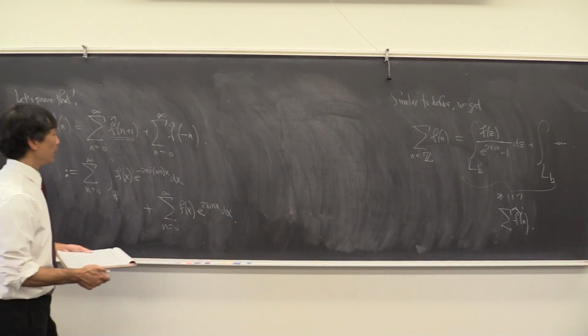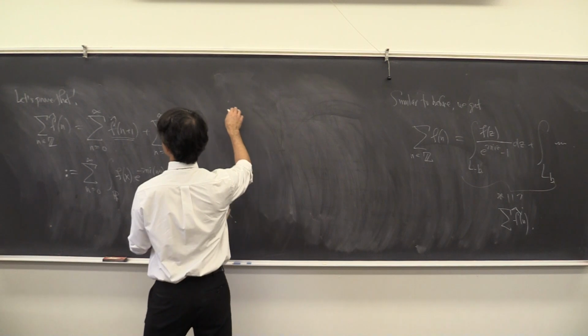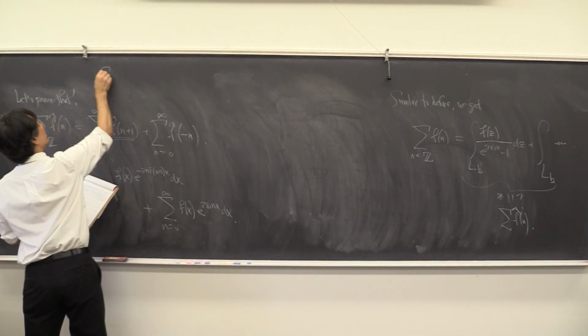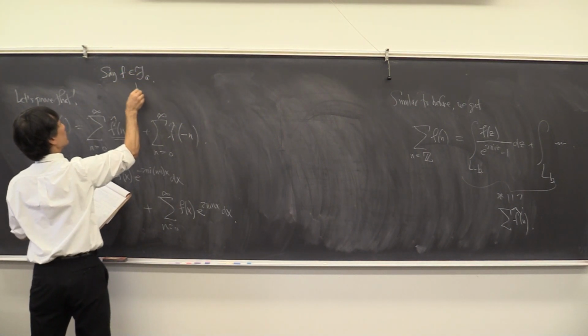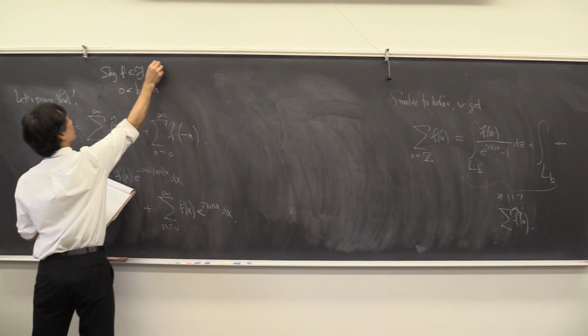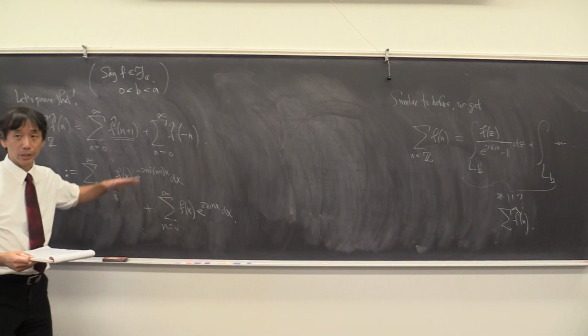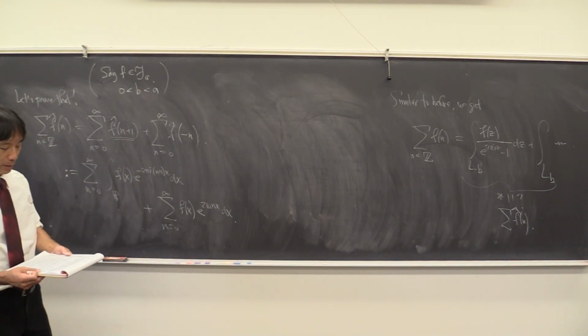Okay, so we're going to do something similar. Sorry, I should have said something before. So let's say that f is in F sub a, and that b is smaller than a and bigger than 0. So we're going to play the same game as before. We're going to shift the contour by b.